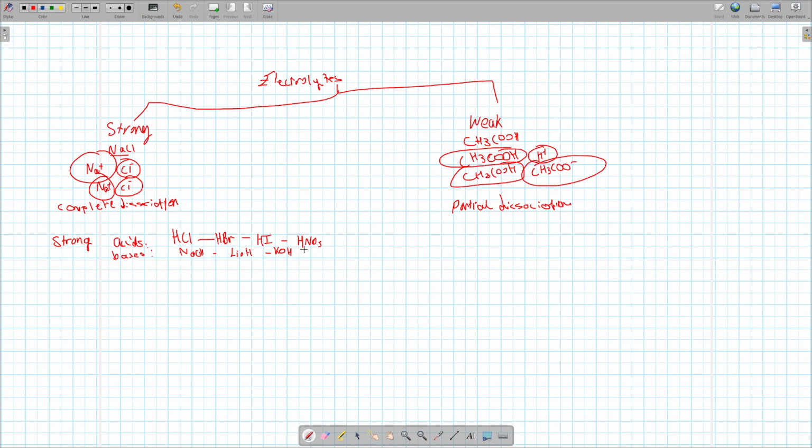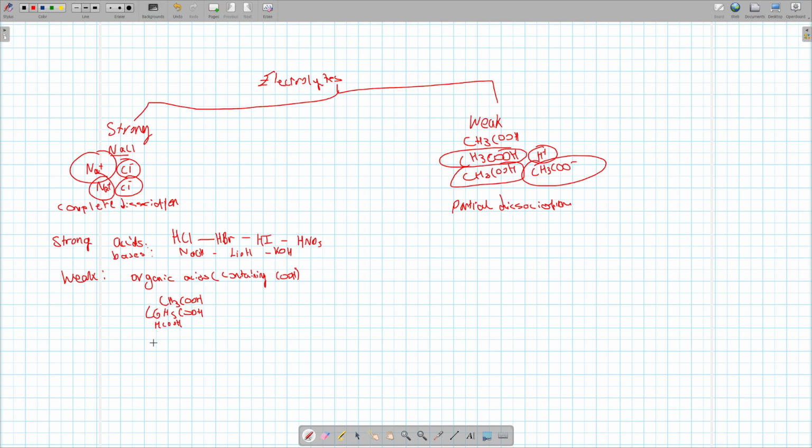Okay. What are the weak ones? I'll write them now. Weak ones are any organic acids. For example, it means anything containing COOH. For example, the one we mentioned up, CH3COOH, as well as C6H5COOH, as well as HCOOH.